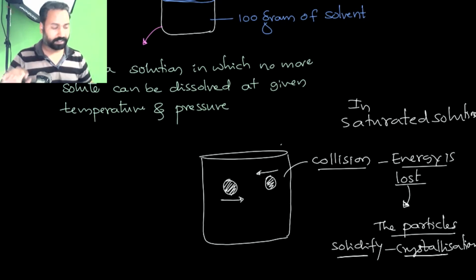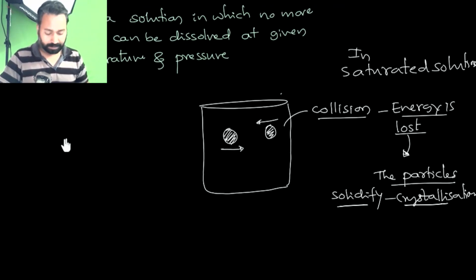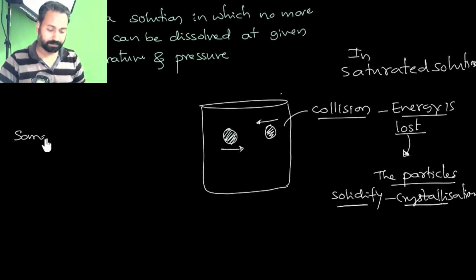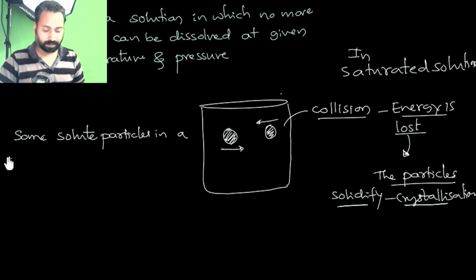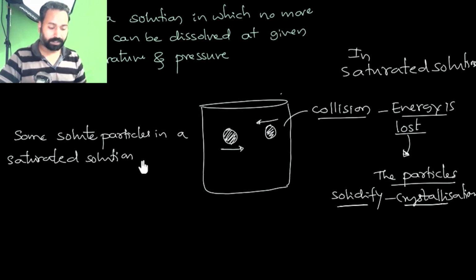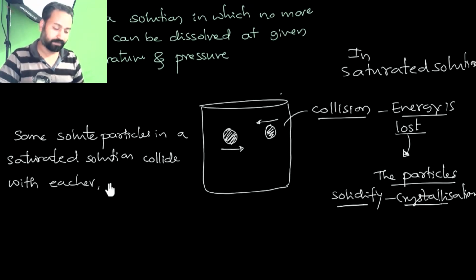Okay, so therefore we can write one definition here, that is, some solute particles in a saturated solution collide with each other. If they collide with each other, they get separated out.